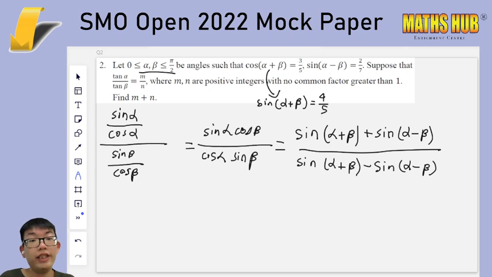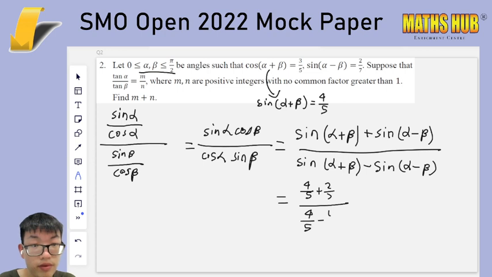Okay, great. So we just need to substitute in, and this is nothing more than a standard computation. Okay, so the fraction should be 19 over 9, and your answer would be 28.